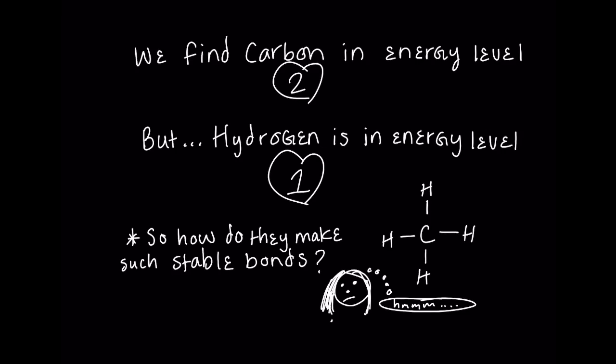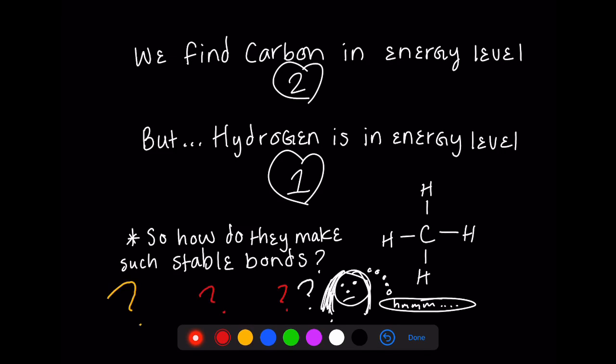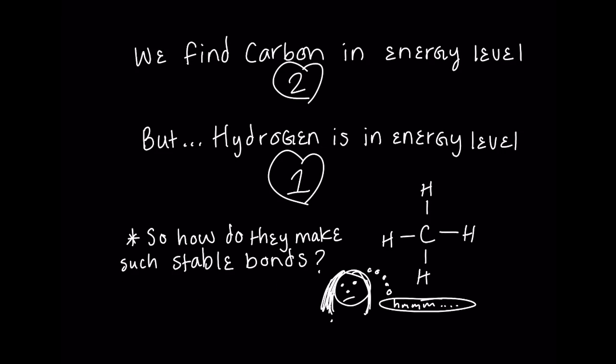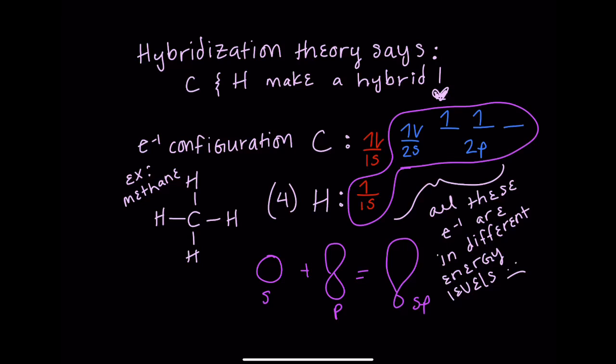But even carbon has electrons that are in different energy levels. So if some are bigger than others, how can they be so stable? Well, carbon is going to hybridize within itself.